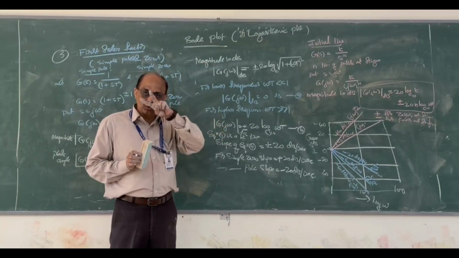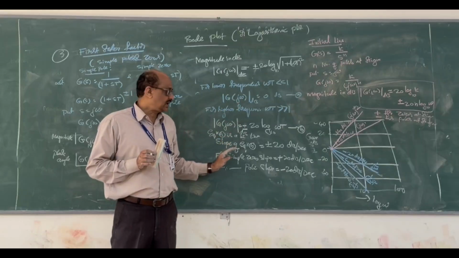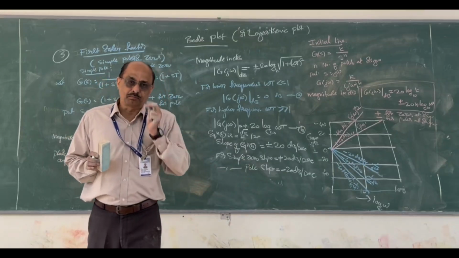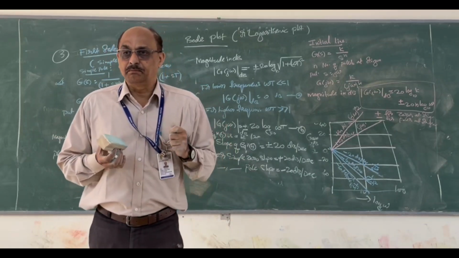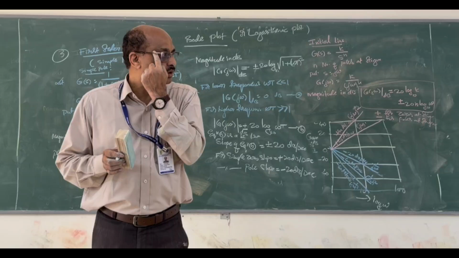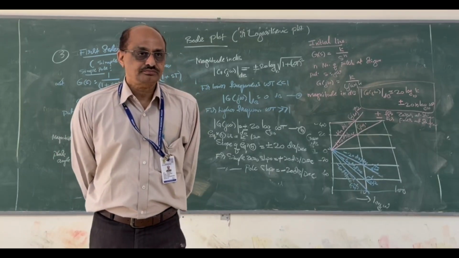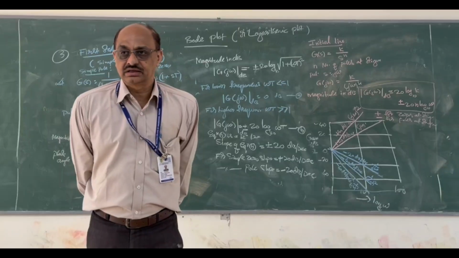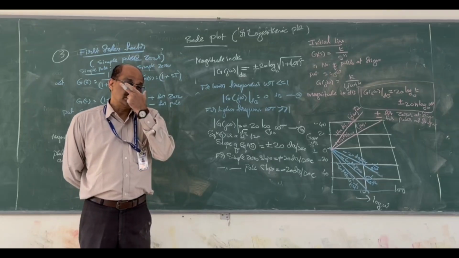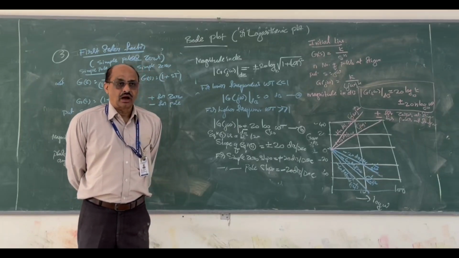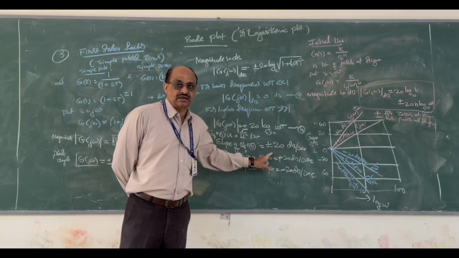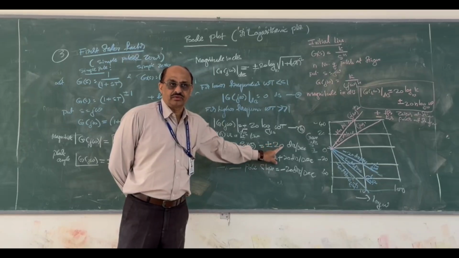Simple poles and simple zeros have two lines: a line with 0 dB per decade slope, and a line with plus or minus 20 dB per decade slope.